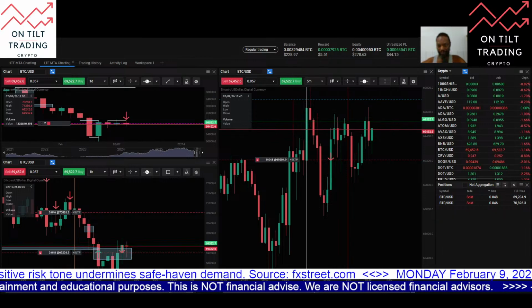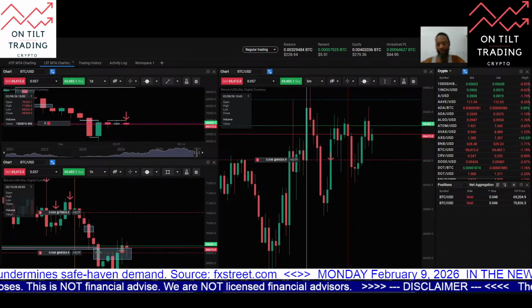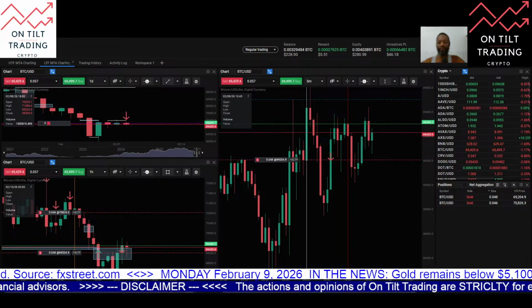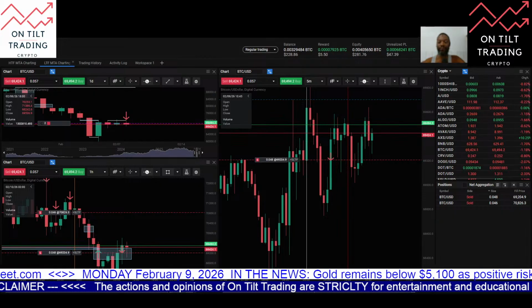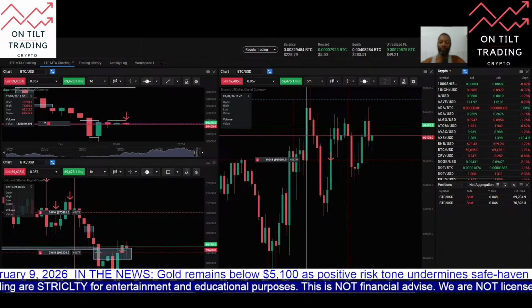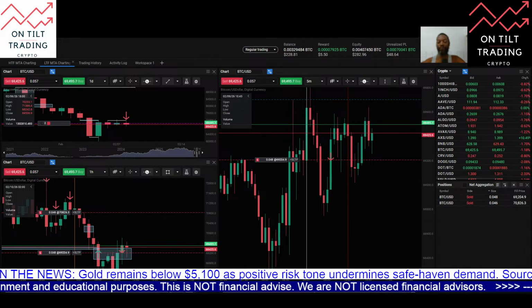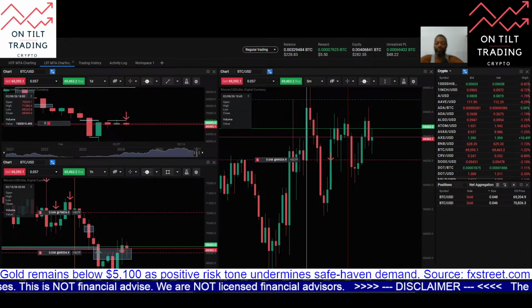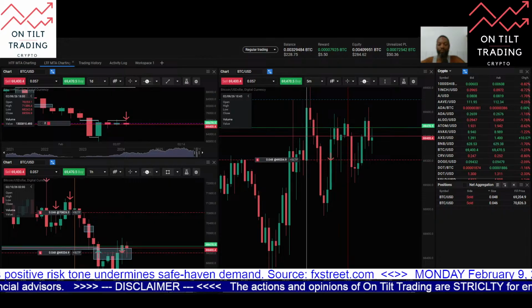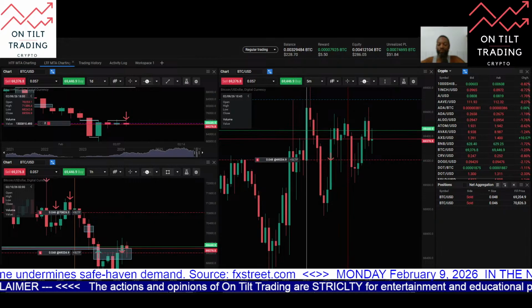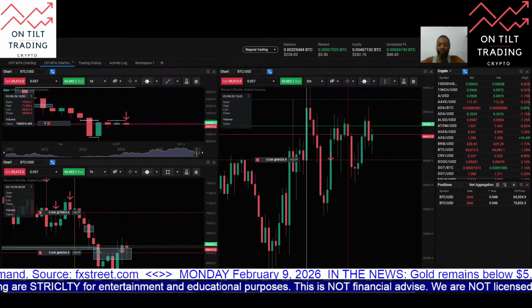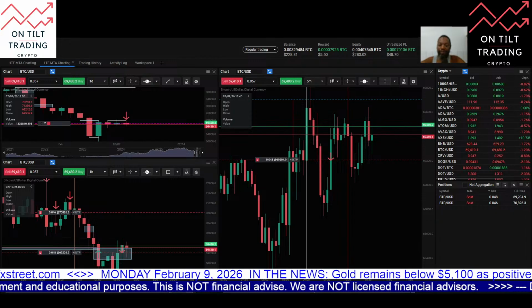Seeing some buy side with speed here, 69,450. Price consolidating here at the 69,400 level.